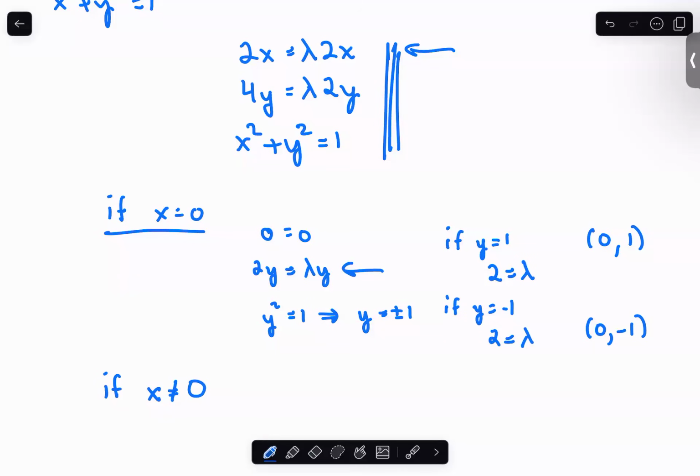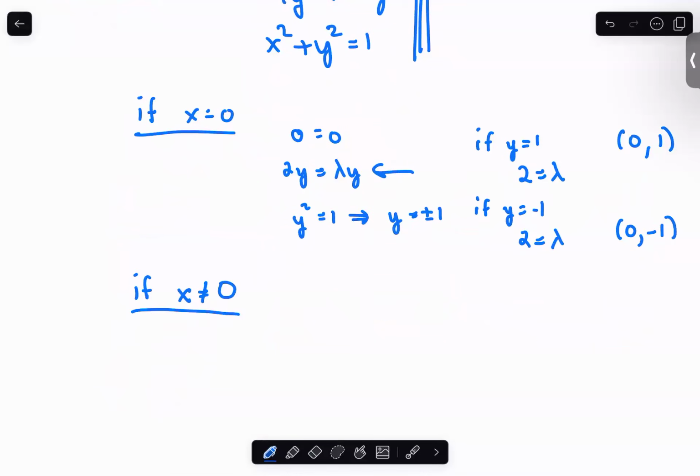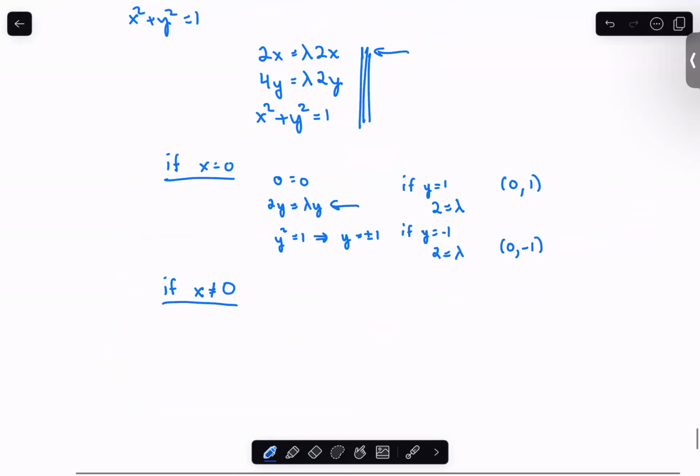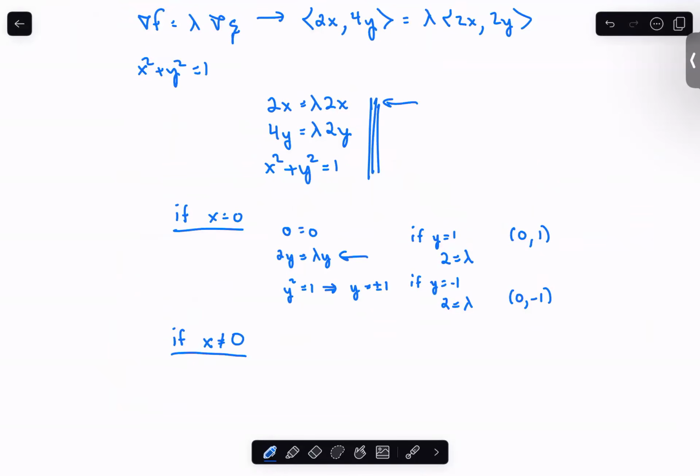The next case is when x is not equal to 0. And in this case, my whole motivation was, can I cancel x or not, right? So my first equation, if I can cancel x, would say that 1 is equal to lambda. Again, I'm looking at my first equation up here, canceling the x, and I'm canceling the 2 as well.